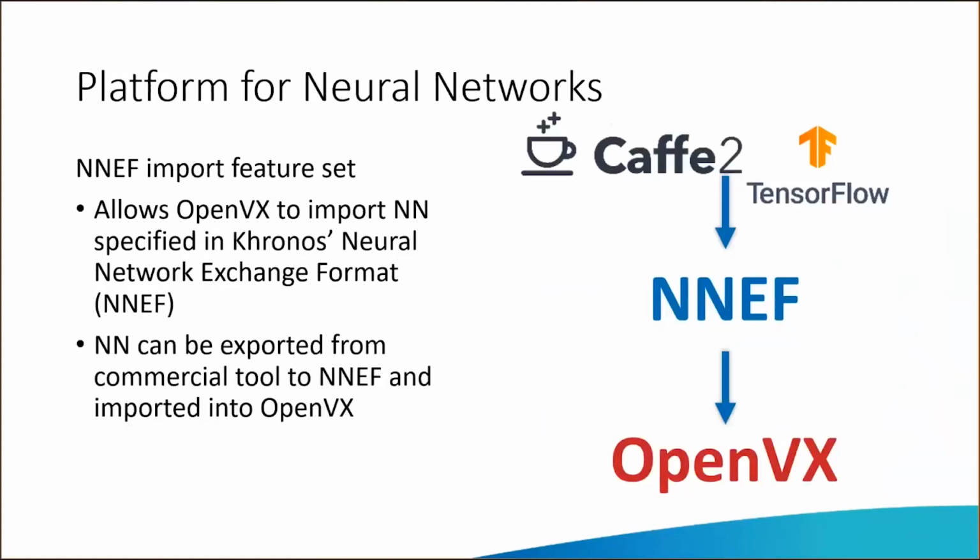And then it allows you to process that neural network, export it to this common exchange format, and then import that into OpenVX, where OpenVX provides a deterministic execution platform where you can be sure about how much memory it's going to take to execute your neural network, how much time it's going to take to actually execute the neural network. So it provides this certifiable deployment platform for a neural network once you've deemed that your neural network is safe from a conceptual standpoint.